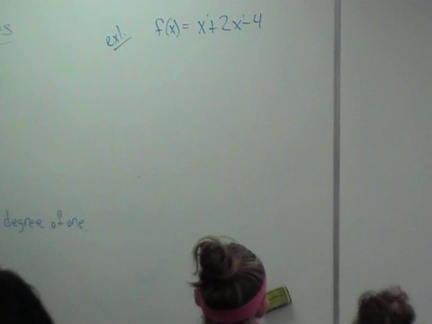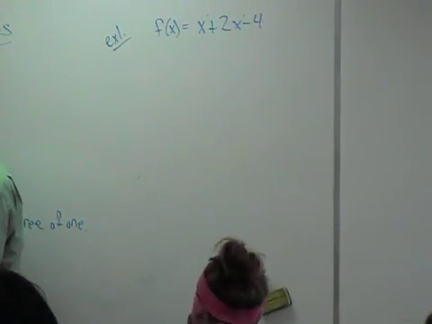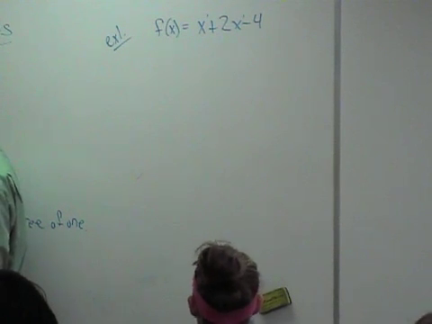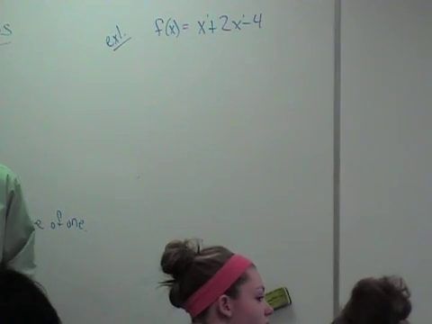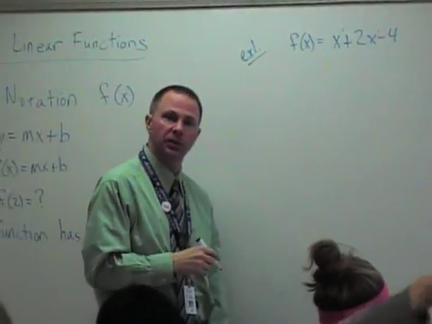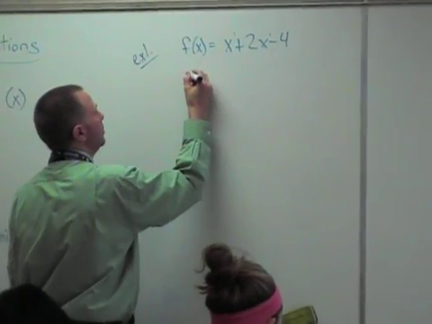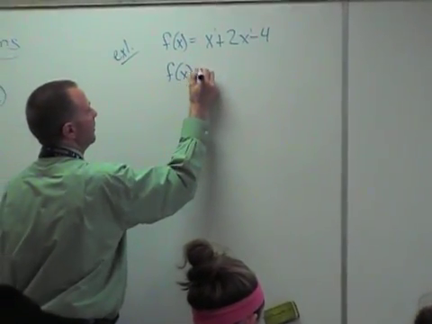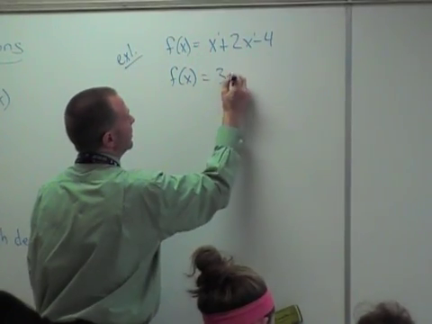Okay? I forget what the slope-intercept form was. We just went over it for like the 15th millionth time. What's your question? Okay, so how you do this is you've got to get everything together. What's 1x and 2x? 3x. And then minus 4.